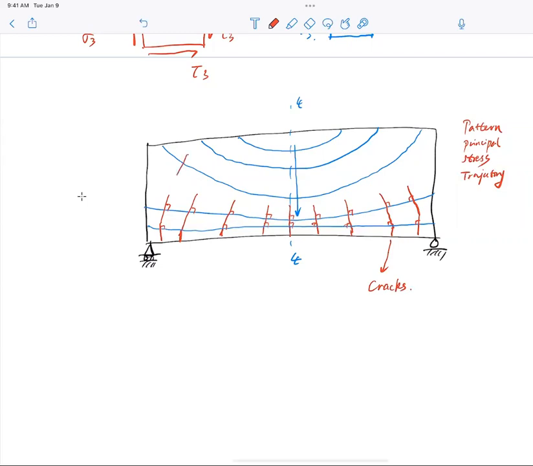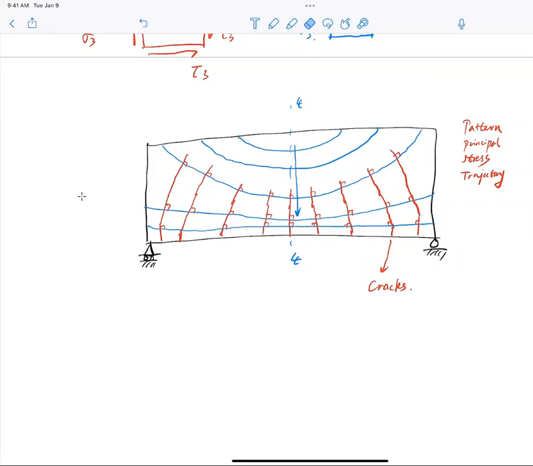Now, if I want to extend it a little bit more, I can extend this here, and I can extend this here. So what are we talking about? As I get away from the center section, my normal stress reduces because my bending moment reduces.